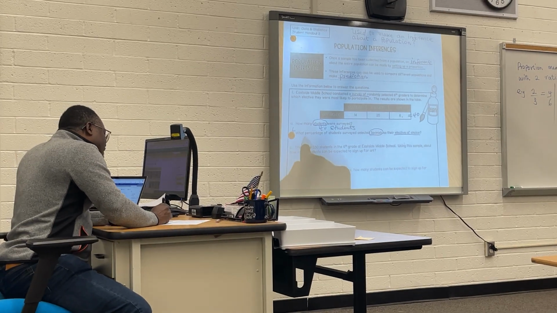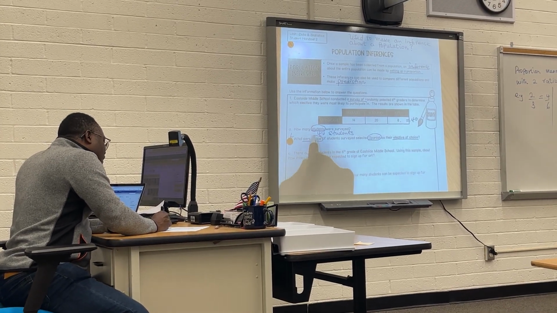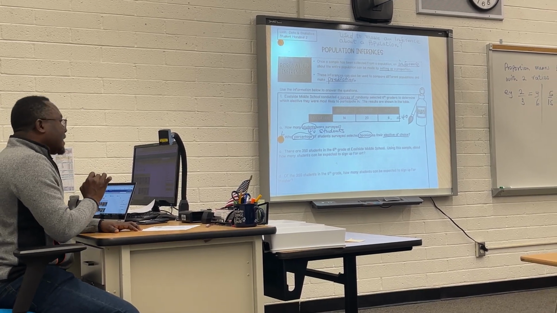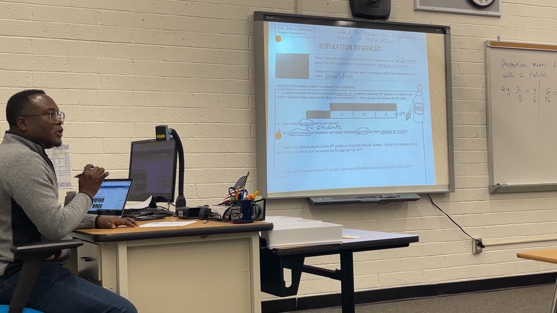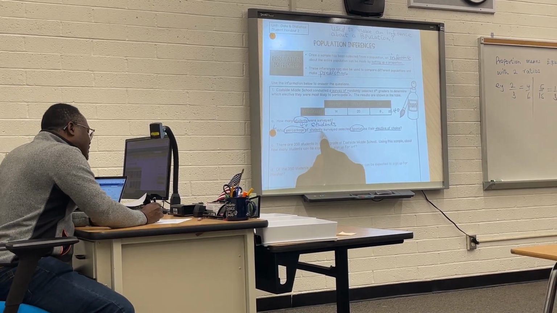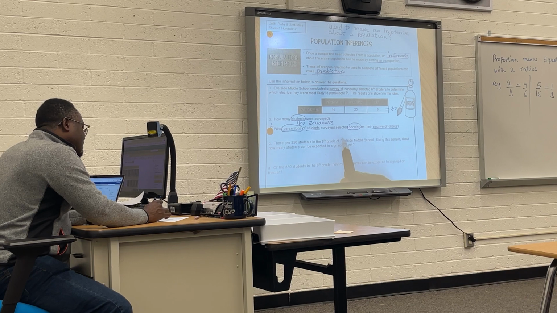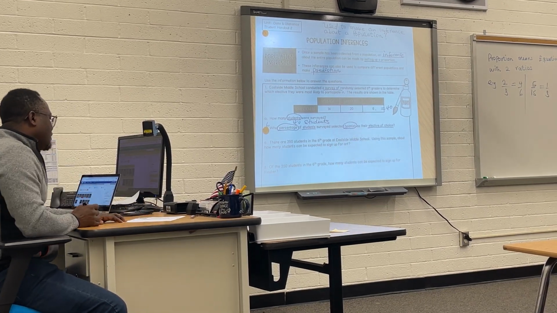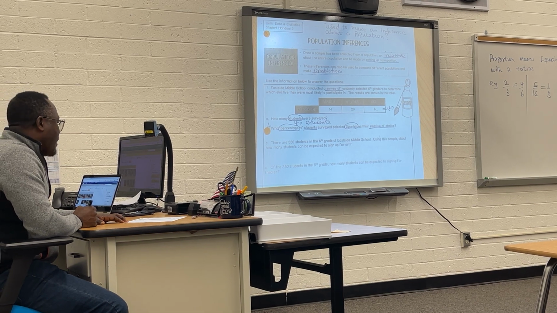Now the question says what percentage. It is always advisable to underline the key words that the person wants us to find. So here we are going to find the percentage of students surveyed who selected Spanish. Now Spanish has how many? 14. How many students? 14, right?